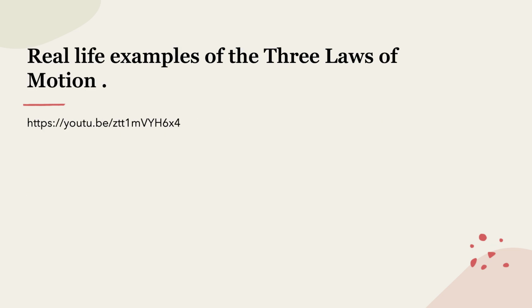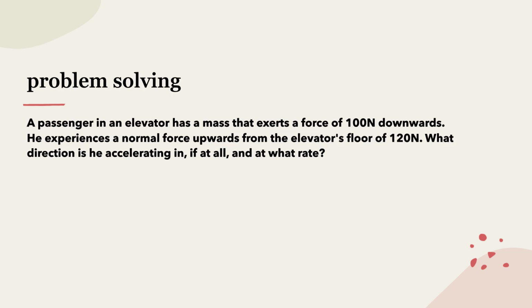This is a video about real life examples of the three laws of motion. And here we have the most fun part, problem solving. Let's solve it together. A passenger in an elevator has a mass that exerts a force of 100 Newton downwards.